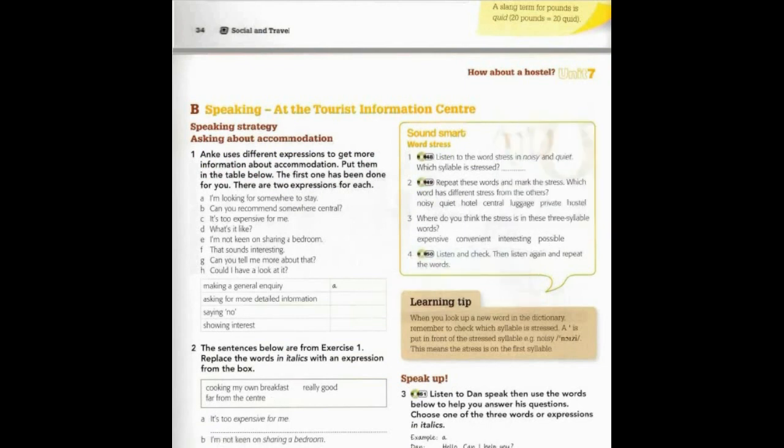48. In 48, okay, listen. Recording 48. Noisy. Quiet. Okay, so listen to the word stress in noisy and quiet. Which syllable is stressed? Let's listen again.